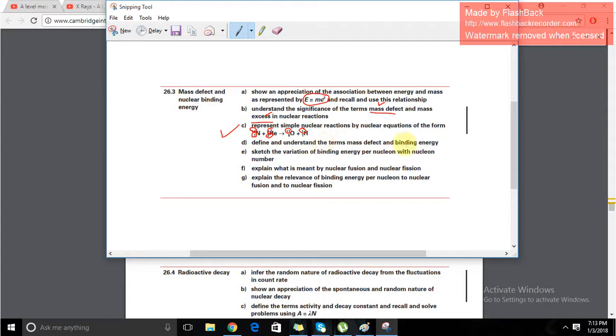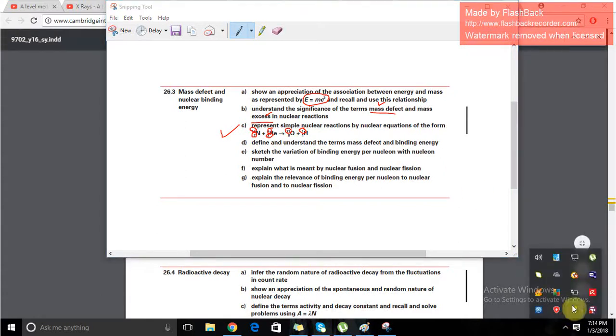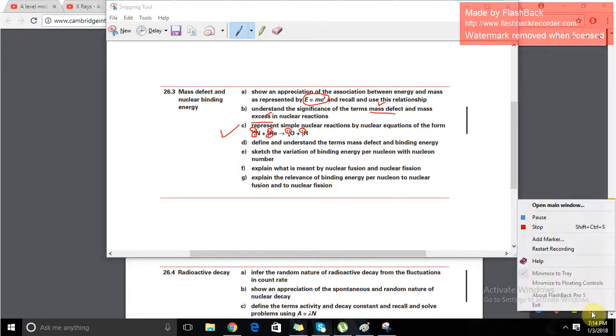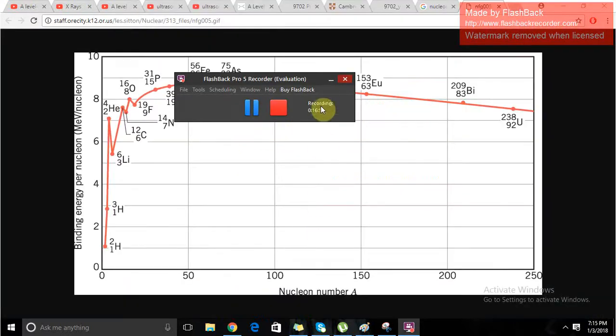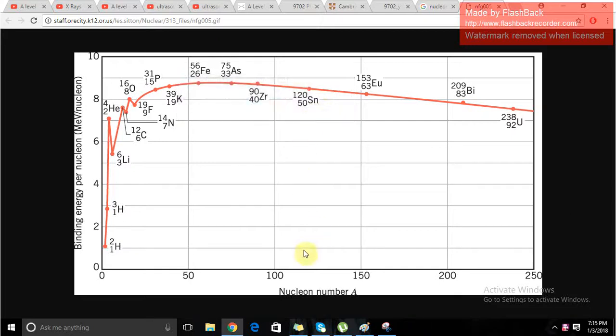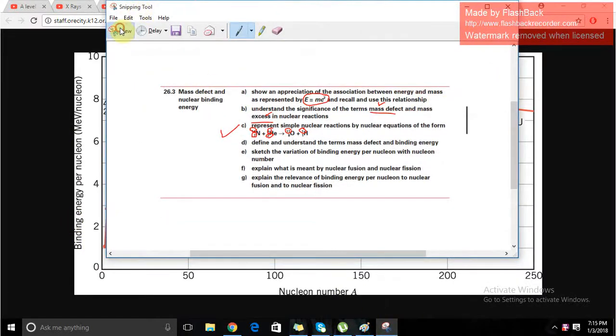Define and understand the terms mass defect and binding energy, and sketch the variation of binding energy per nucleon with nucleon number. Just give me a second. I'll conjure up some sort of a diagram. So here we have this graph, with nucleon number at the bottom and binding energy on the y-axis.